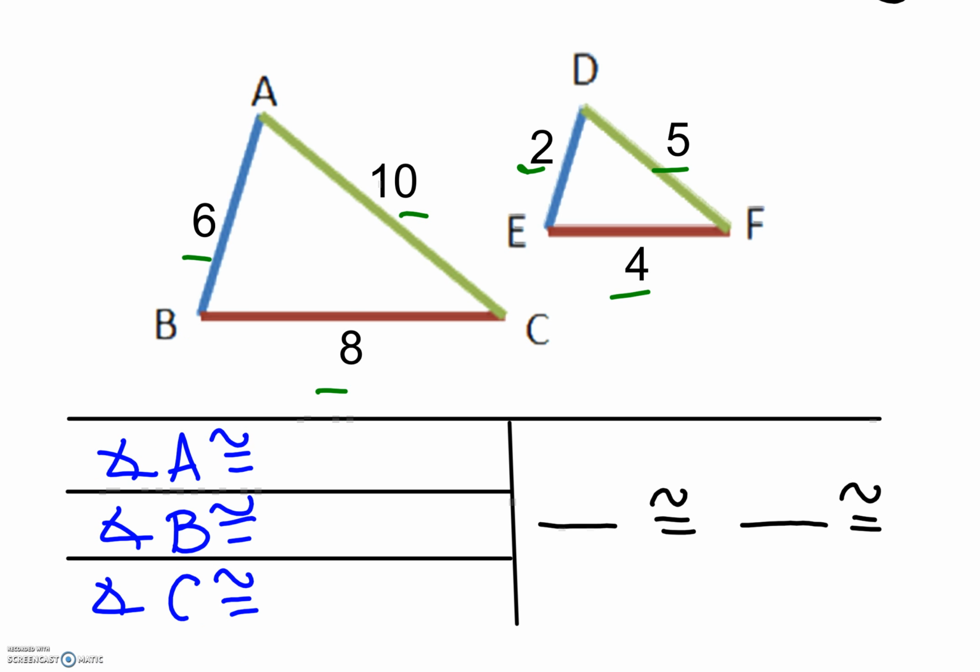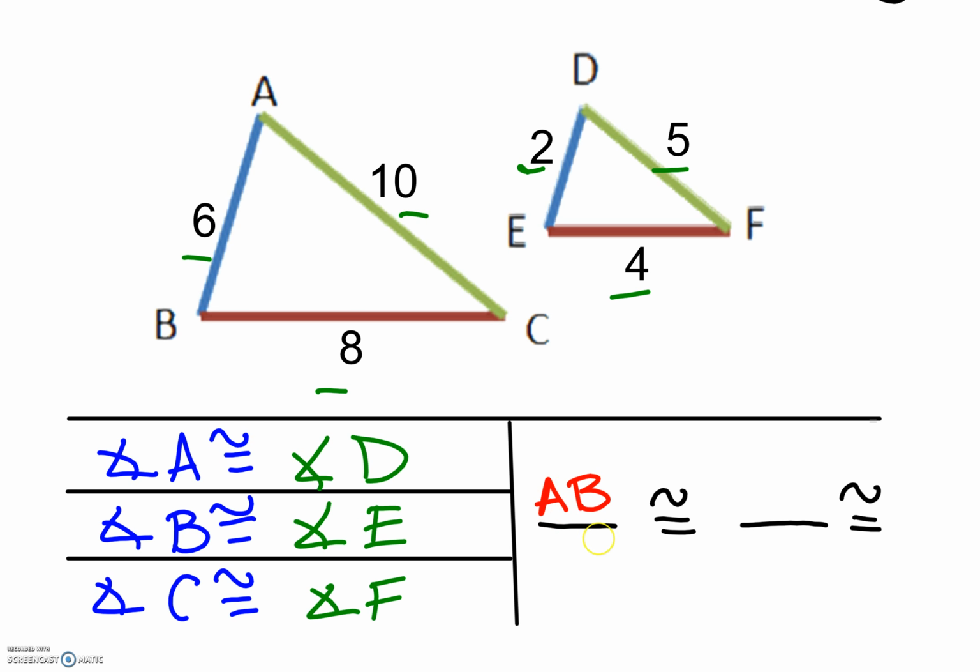Okay, for the angles, you should have gotten angle A is congruent to angle D. Angle B is congruent to angle E, and angle C is congruent to angle F. And for the sides, when we did constructions, we said that they were in proportion.